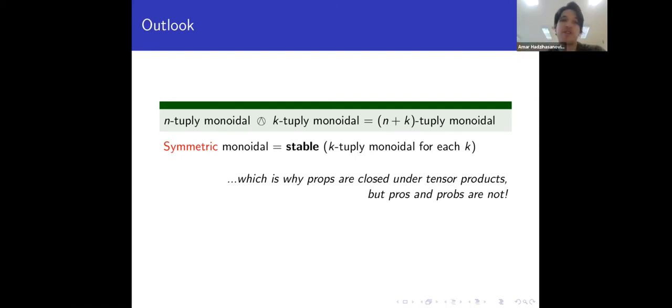In particular, we can consider symmetric monoidal theory as being something that's stable in the sense of stable homotopy theory, so it's k-tuply monoidal for each k. And in this case, if we take this mesh product of symmetric monoidal stable theories, then we are going to get another symmetric monoidal theory. And this is, I think, the real reason why PROPs do have a closed structure, that they do have a tensor product, but PROs and PROPs do not have an internal tensor product.